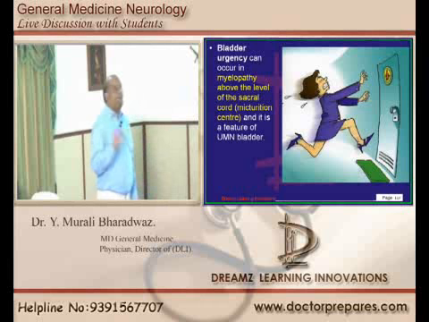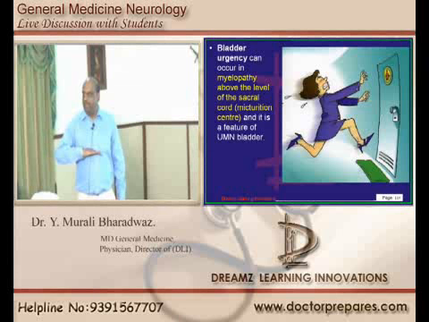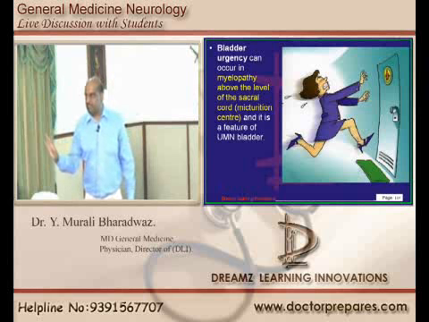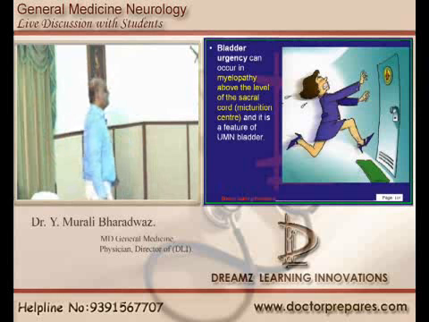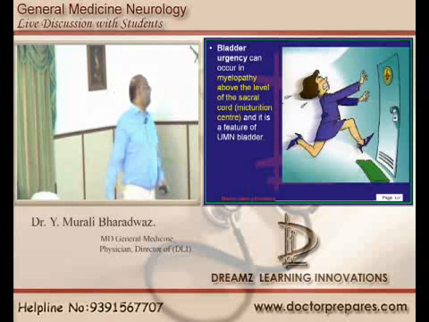That is the reason bladder urgency, which is a marker of a spastic bladder, also occurs when there is a compression of the spinal cord at a higher level, which is cutting off the inhibitory signals coming from the micturition center in the frontal lobe. So that's the reason bladder urgency is also a feature of myelopathy, is what you will be able to say.